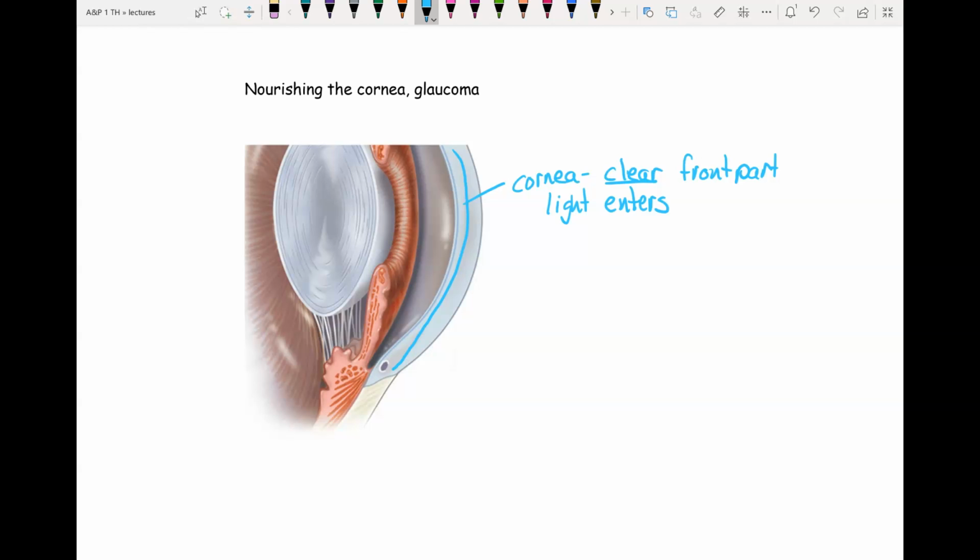So there is no blood in the cornea. So it's avascular because blood would obstruct your view.